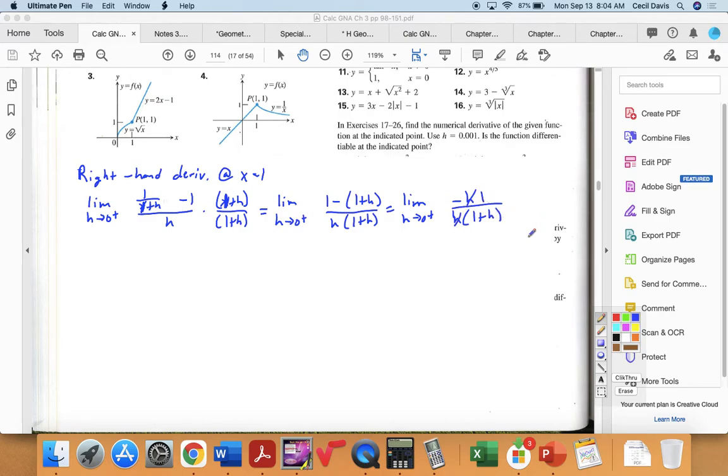Dividing the h's and letting the h in the denominator, which is the only one that's left, go to 0, that's going to be negative 1 over 1, which is negative 1.